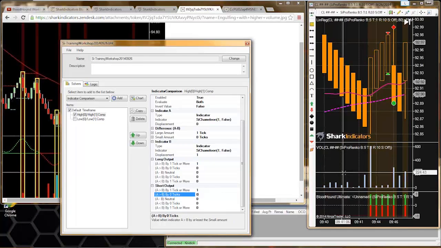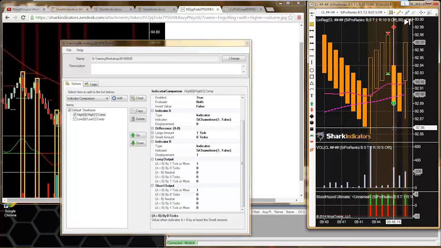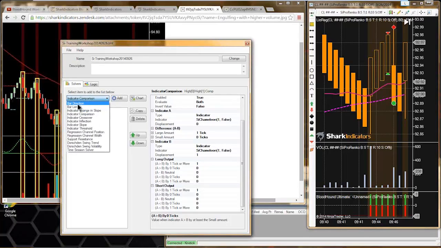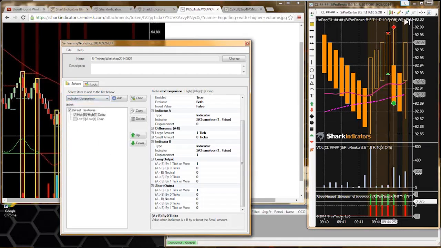Now if we look at BloodHound's output, we have a long and a short signal. And so what I can do is use our bar direction solver to filter out the long signal here and make this a short only signal.